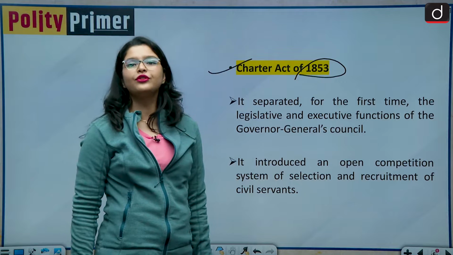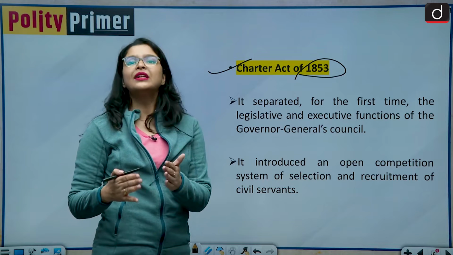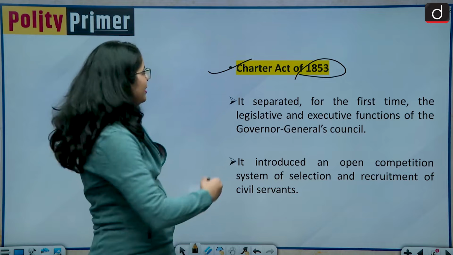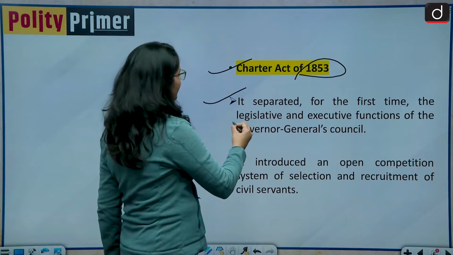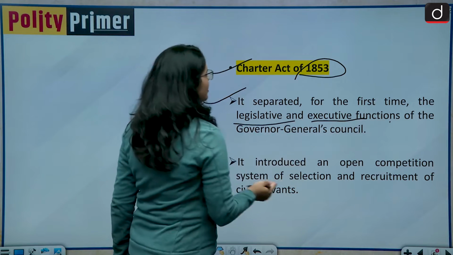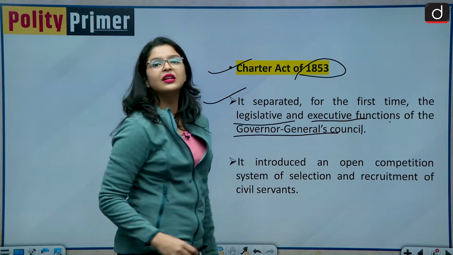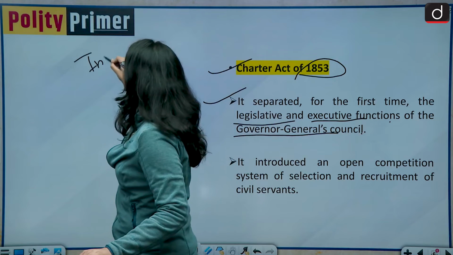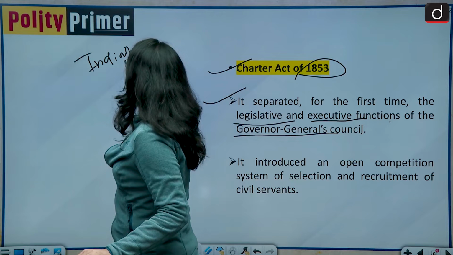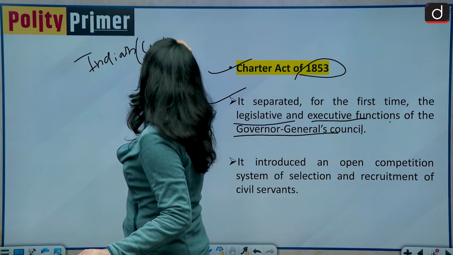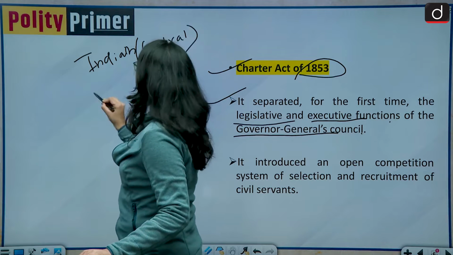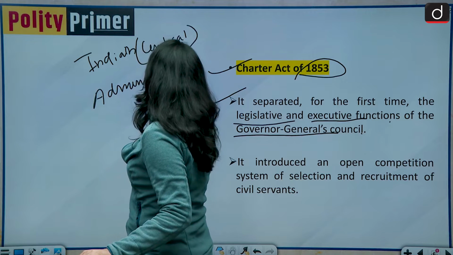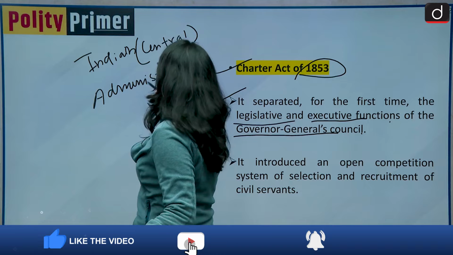Moving forward, the second act is the Charter Act of 1853. Another important piece of legislation before the British Crown took over the administration from the British East India Company. It separated for the first time the legislative and executive functions of the Governor General's Council. In fact, it established the Indian Central Administrative Council.